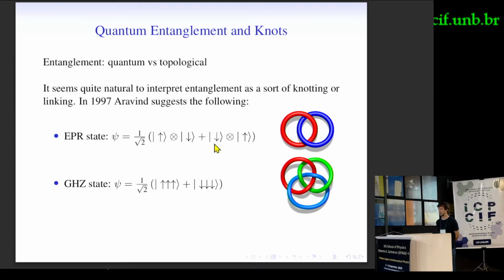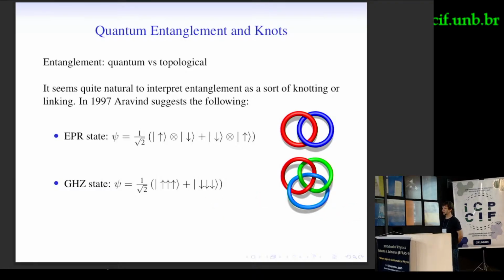If you look at a bipartite state of 2 qubits, it is natural to associate a Hopf link to an EPR state. If you understand measurement as collapsing any of the circles, then the other example is the GHZ state, so here's the explicit form of the GHZ state.